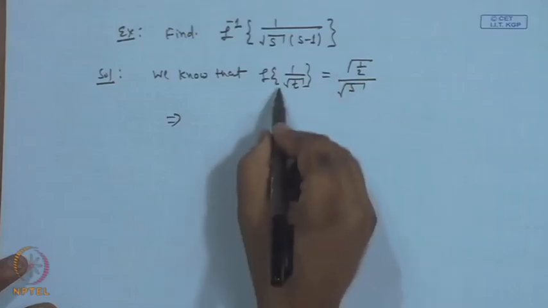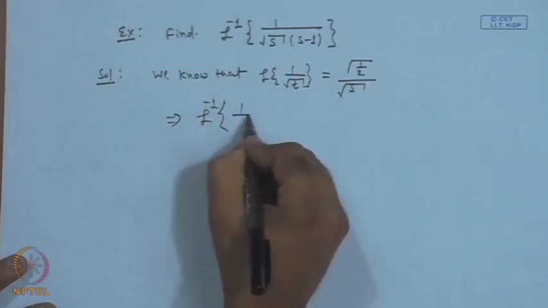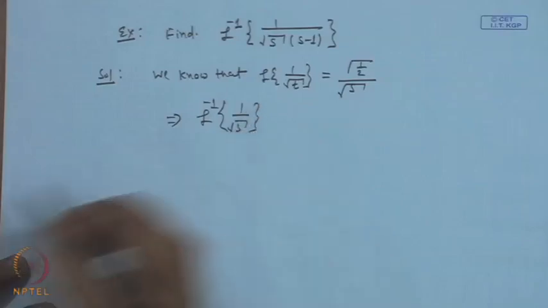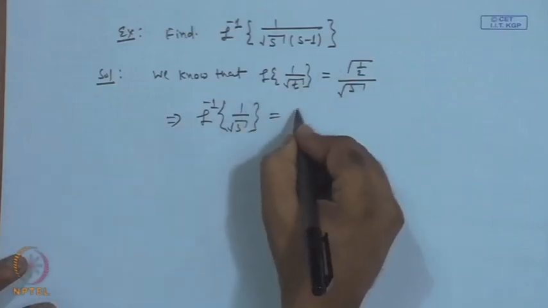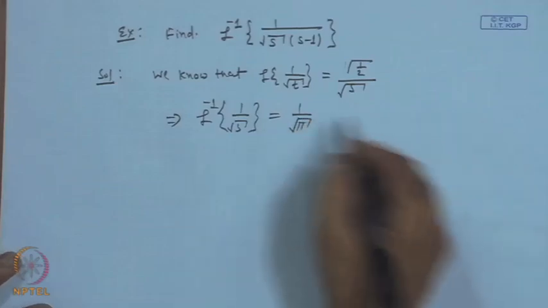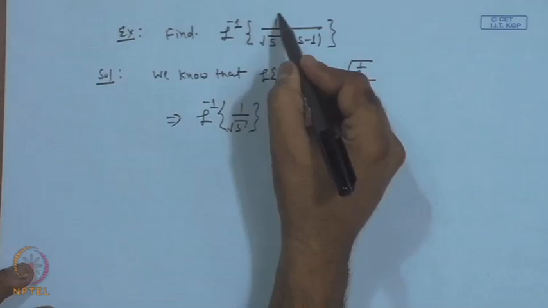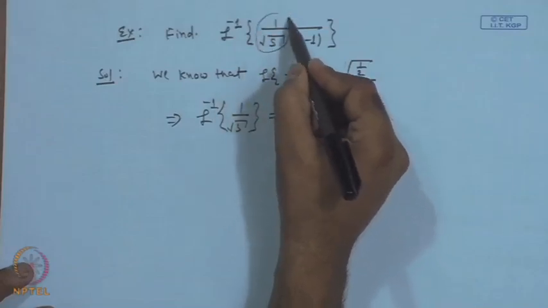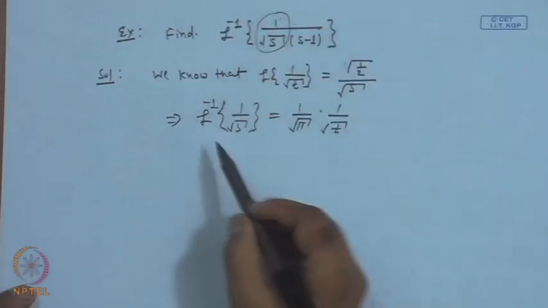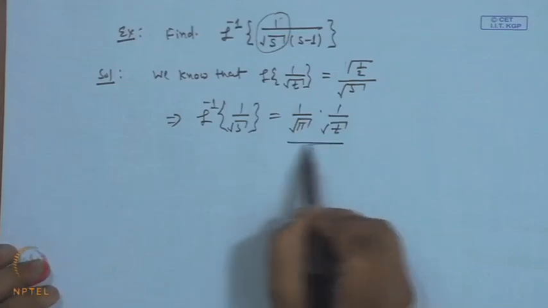Therefore, we get this Laplace inverse of 1 over square root s is 1 over square root pi and 1 over square root t. So, for this one function, 1 over square root s, the Laplace inverse is 1 over square root pi and 1 over square root t.